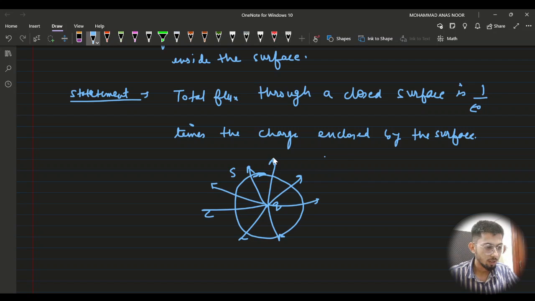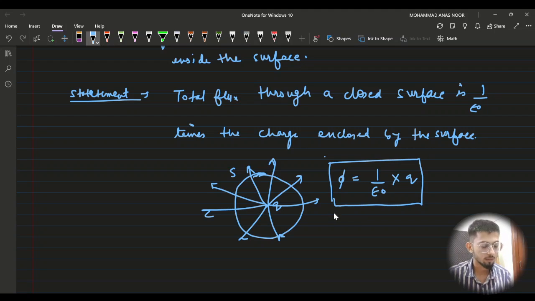Now this theorem gives that flux directly. So what does it say? That this flux phi, which will be passing through this surface, will be equal to 1 by epsilon naught times the charge inside this surface. So there is no need to calculate the electric field E and then find the flux using E dot ds.